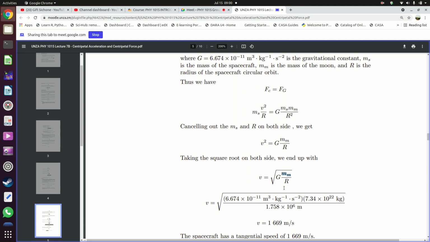It also depends on the radius of the orbital path. What you see, more importantly, is that the larger the object the spacecraft is going around, the higher the velocity. Are we clear on this bit?